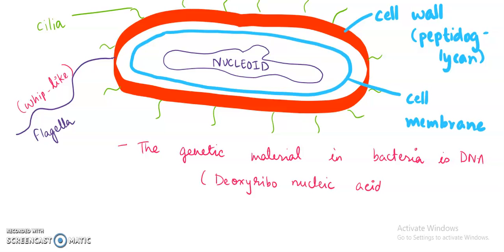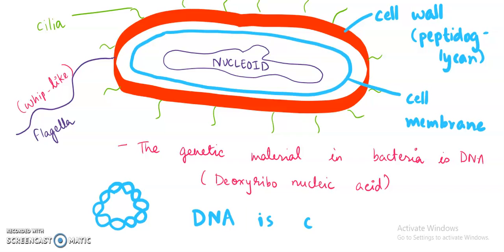But here in the case of bacteria, one special feature is there, that DNA is circular. This is a point to be written, that DNA is circular. This is a characteristic feature of a prokaryotic cell.